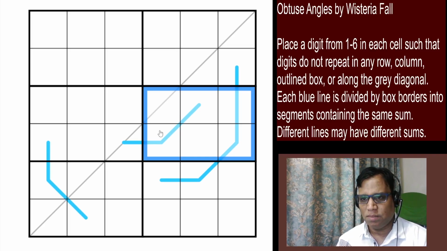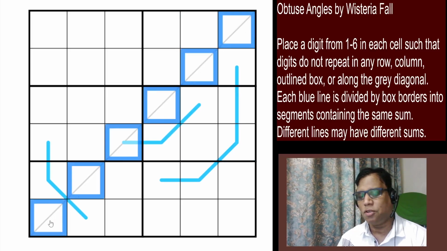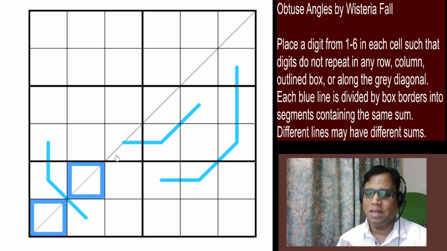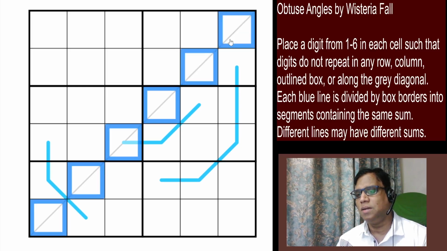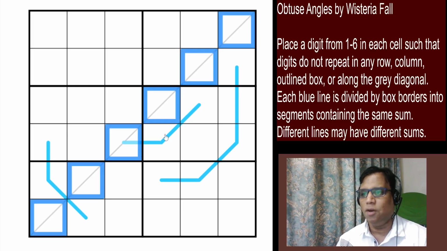These are not square boxes, and there is even a gray diagonal, and there is a restriction on the diagonal that you cannot place one digit more than once on it. In other words, digits on the diagonal should not repeat. So all these are from 1 to 6 in any order, of course.